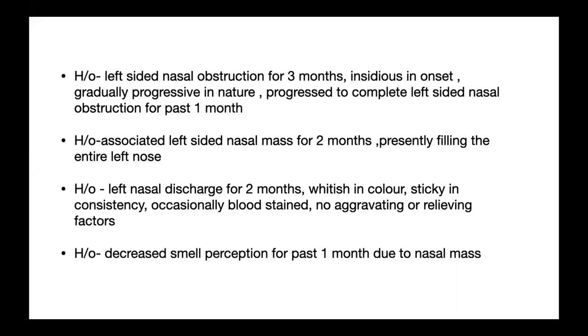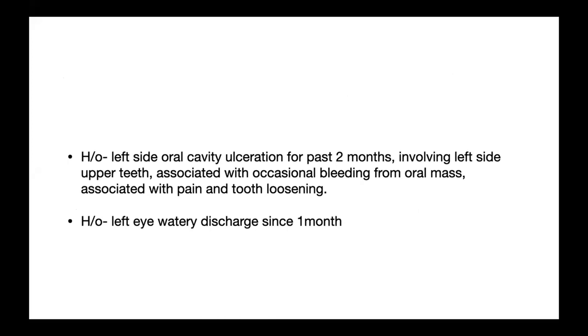There is also a history of decreased smell perception for the past 1 month due to the nasal mass. The patient complains of left-sided oral ulceration for the past 2 months, which involves the upper teeth, associated with occasional bleeding from the oral mass and with pain and tooth loosening. And there is a history of left eye watery discharge since 1 month.